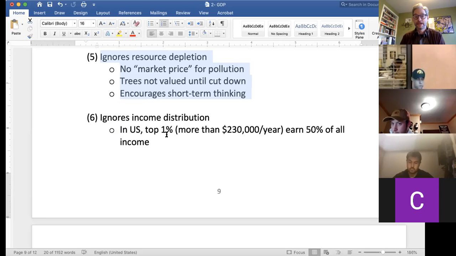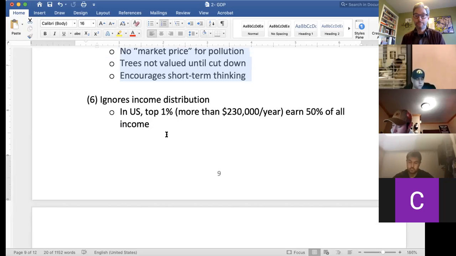We talked about this yesterday: in the US, the top 1%, people who make more than $230,000 a year, earn half of all income. So per capita GDP is not really a great measure of how the average person is doing. You have some people who are doing very well and a lot of people who are not doing so well, and the people in the middle, there's not a great deal of them. Unfortunately, that number is shrinking over time, as we'll talk about.